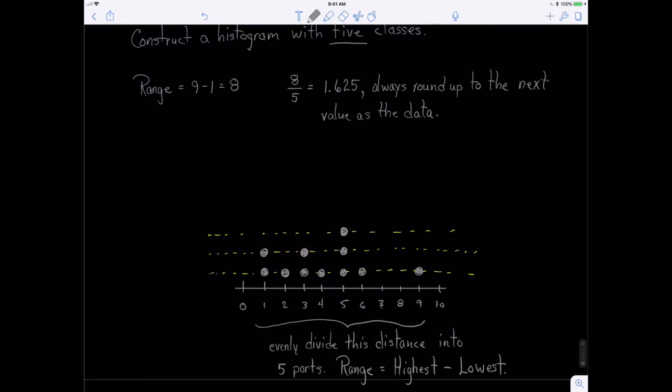In our example, our data is in whole numbers, like zeros and ones, twos, threes, all the way up to 9, and whole numbers continue 10, 11, 12. So data is in whole numbers.